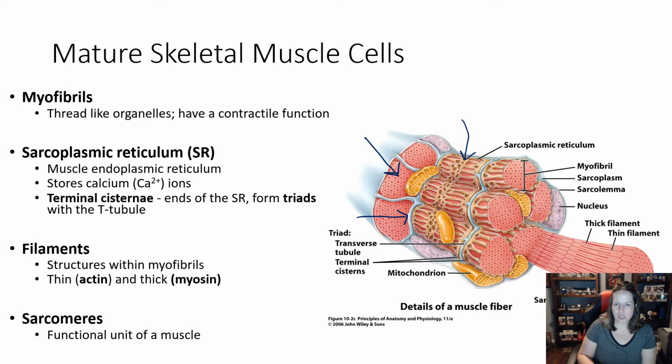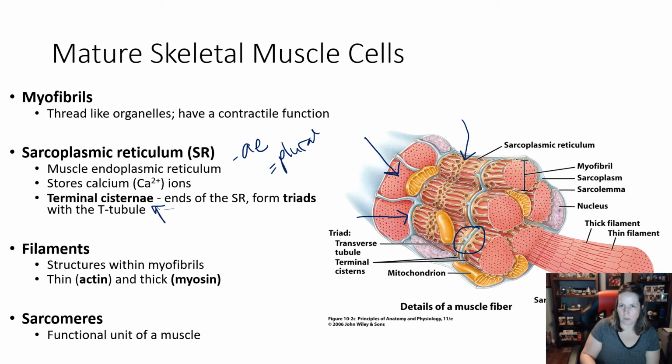And the T tubules abut next to the edges of the sarcoplasmic reticulum that we call terminal cisternae. Whenever you see AE as the end, that means it's plural, so there's multiple. Now these terminal cisternae come together and meet up with the transverse tubule.